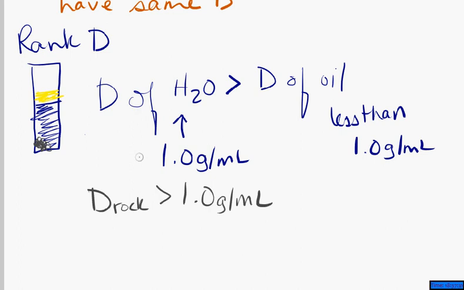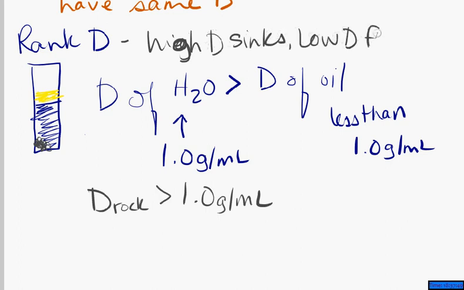The highest density sinks and the lowest density floats. That is worth writing down. High density sinks, low density floats. Okay, and that's true regardless of what materials you're working with. All right, that's about it.